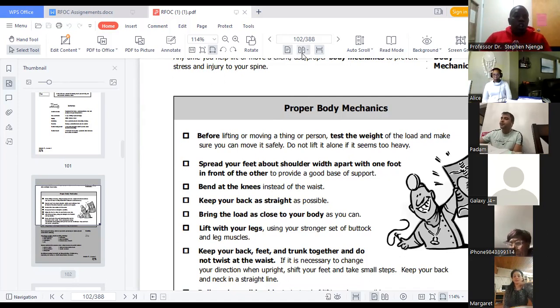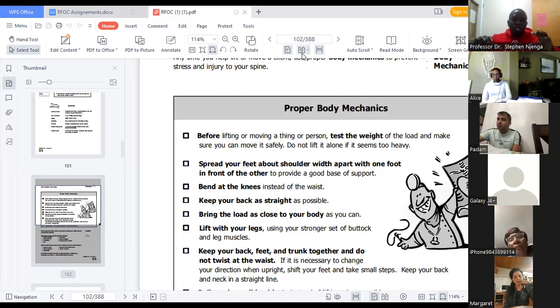You're also supposed to bring the weight or the load closer to you. If I'm turning a client, before I turn the pad, what I'm supposed to do first is pull closer to me, and then I'll turn.